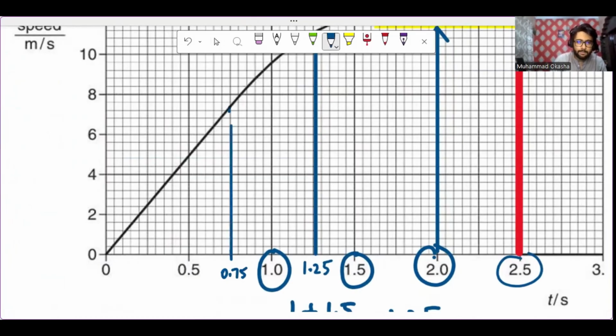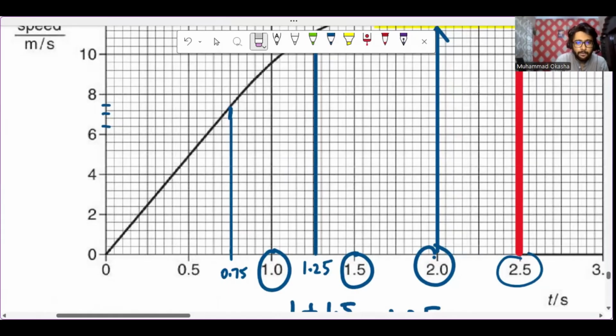This is the area of the triangle that I want to find.